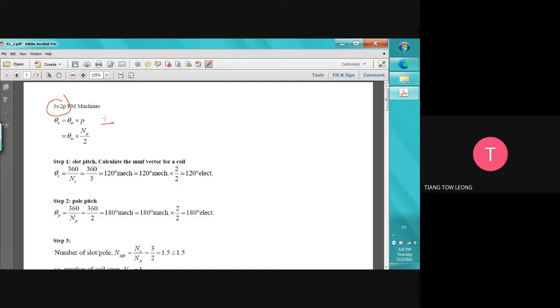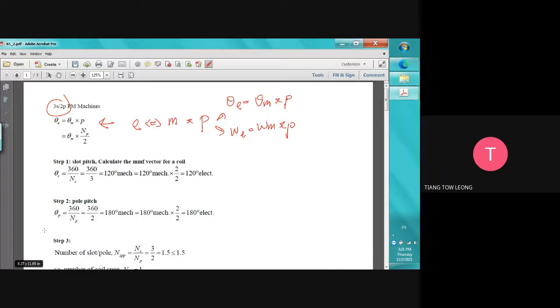First of all, the theory that we need to know, no matter what, is that the electrical and mechanical relationship must be multiplied by the pole pair. If we are talking about theta, then theta E equals theta M times pole pair. If we talk about omega, omega E equals omega M times pole pair.